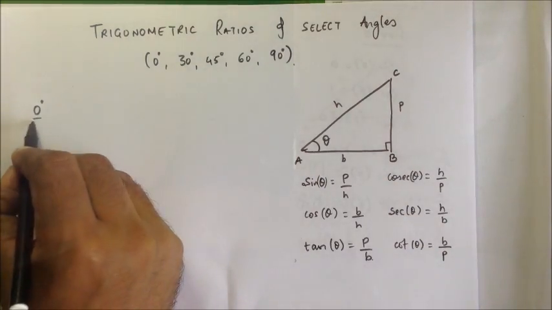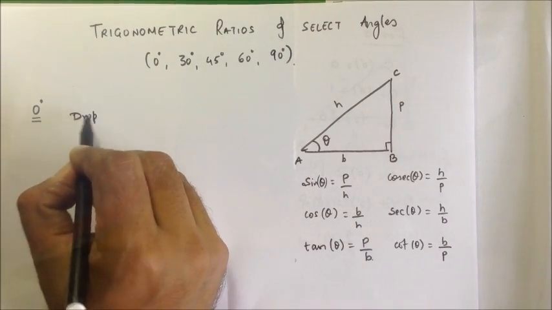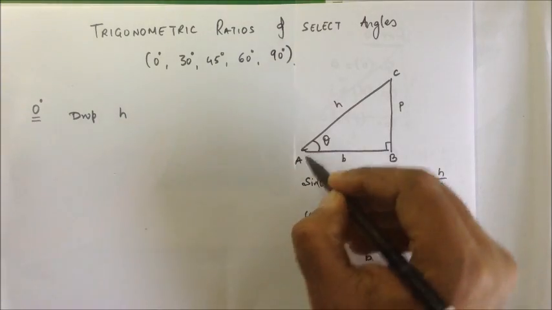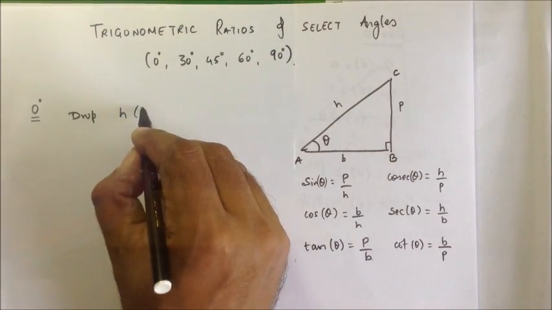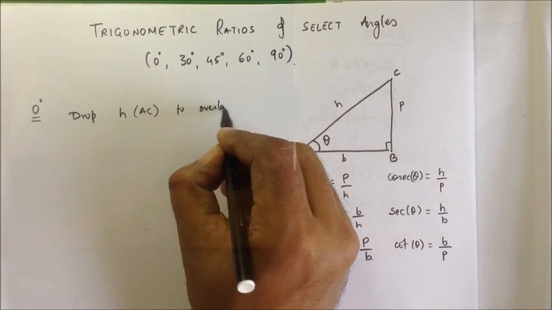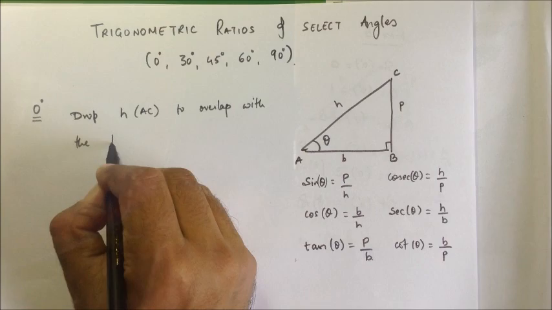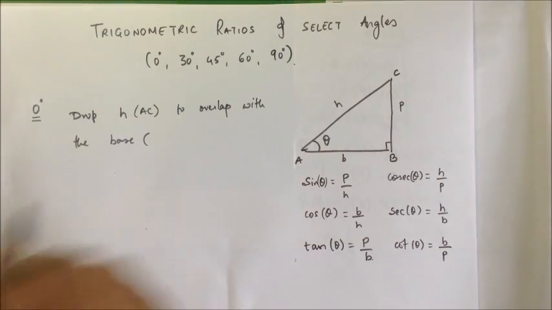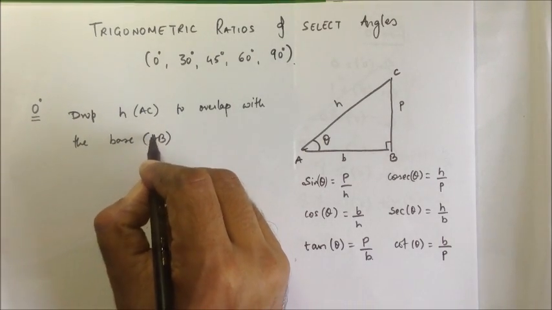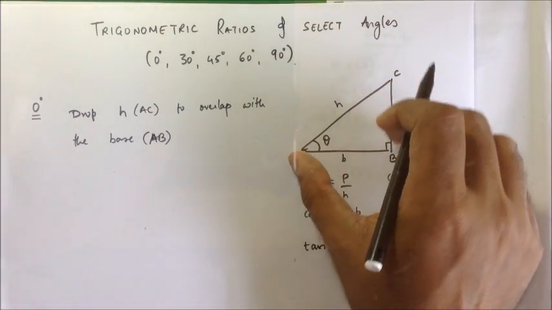And if I think of making this angle 0, I need to drop the hypotenuse in this triangle, which is AC, to overlap with the base, which is AB here. So if you're wondering how we'll do so, we'll just be dropping AC on AB.